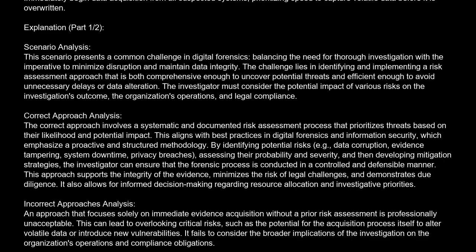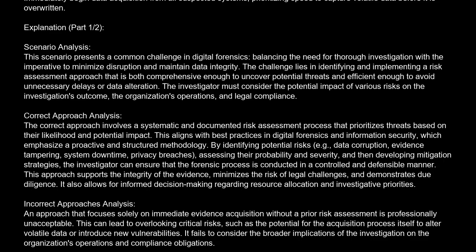By identifying potential risks, e.g., data corruption, evidence tampering, system downtime, privacy breaches, assessing their probability and severity, and then developing mitigation strategies, the investigator can ensure that the forensic process is conducted in a controlled and defensible manner. This approach supports the integrity of the evidence, minimizes the risk of legal challenges, and demonstrates due diligence. It also allows for informed decision-making regarding resource allocation and investigative priorities.